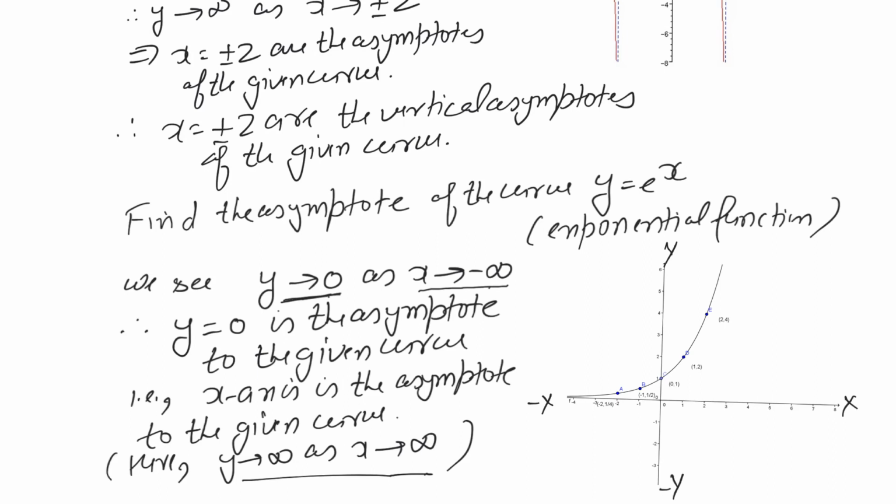So this line y is equal to 0 is the asymptote to the curve, and this curve is of exponential function y is equal to e raised to the power x. Therefore y is equal to 0 is the asymptote to the given curve, and this asymptote is known as horizontal asymptote.